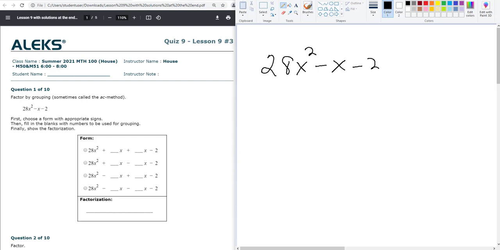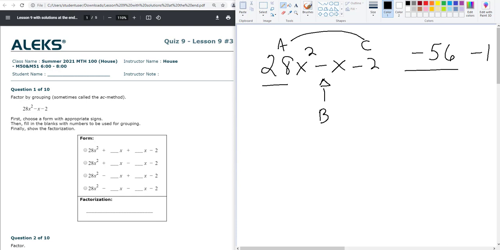Since A is not 1, I need to multiply A times C and get it to add up to B. So 28 times negative 2 is negative 56, and B is negative 1. Those are the values that I'm looking for when I find my factors of AC.